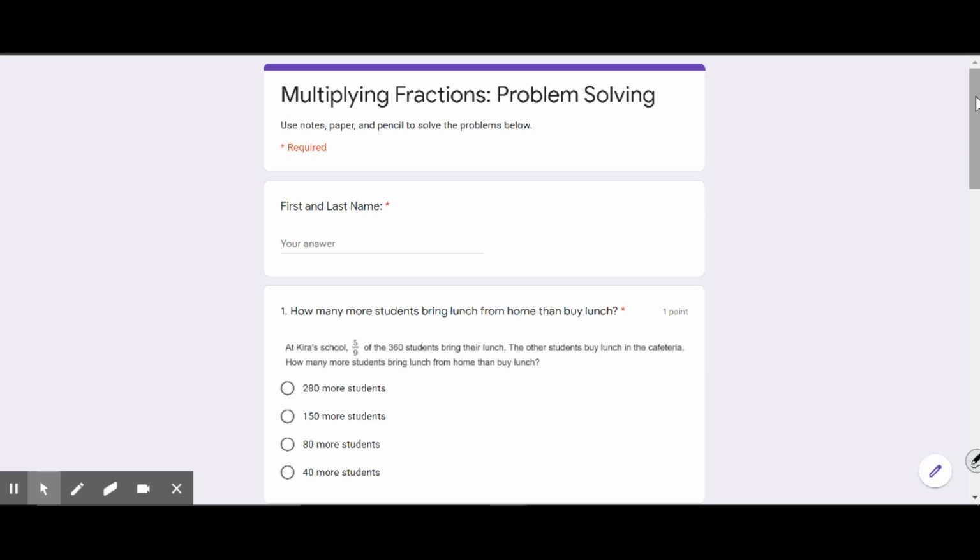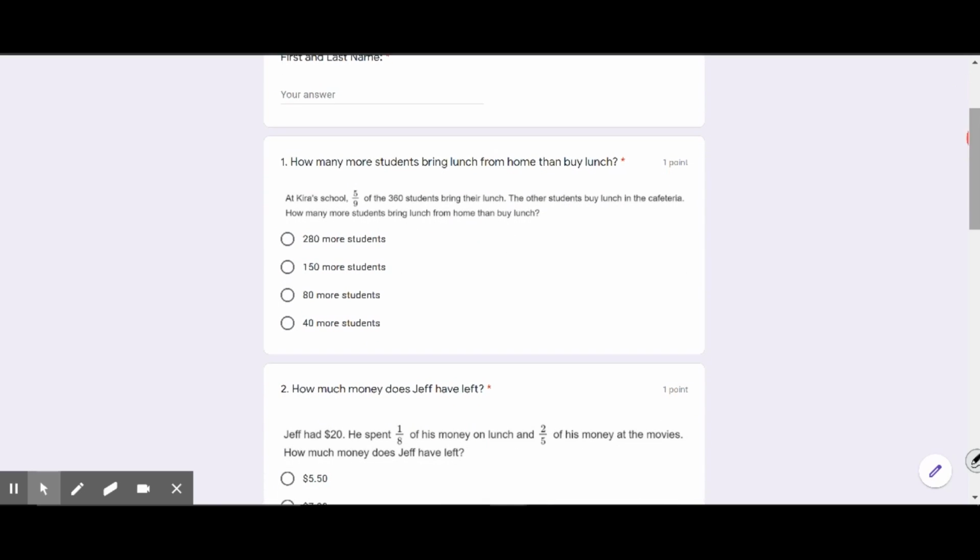The first question says, how many more students bring lunch from home than buy lunch? So let's see. At Kara School, 5/9 of the 360 students bring their lunch. So that's who brings their lunch. And then the other students buy lunch in the cafeteria.